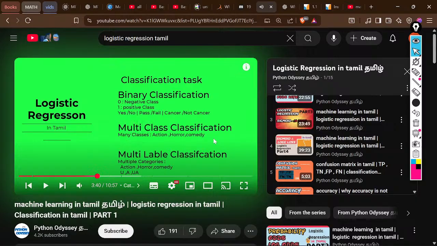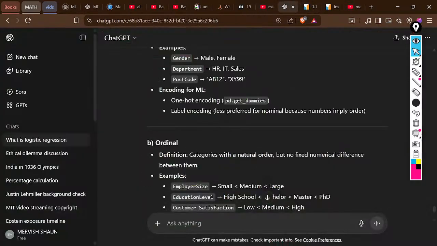But classification, I thought it was opposite to regression. Let's see. Is it? I had a different idea. Bro, I'm having so many ideas about what I should be doing right now. It's actually like I have ADHD or something.